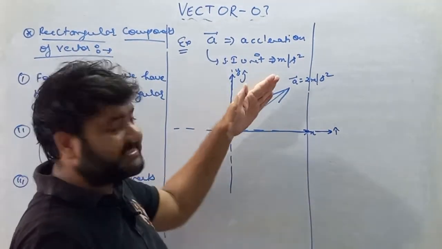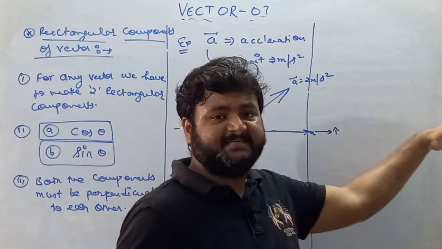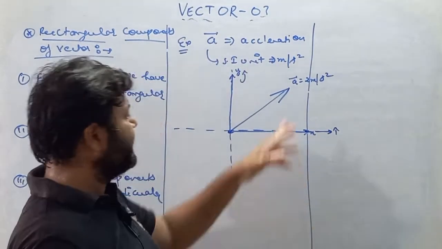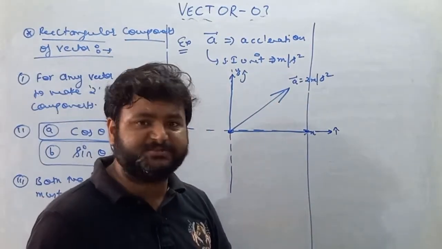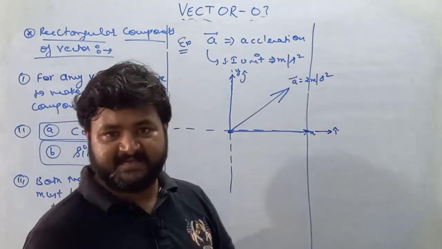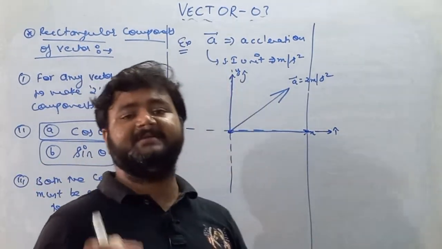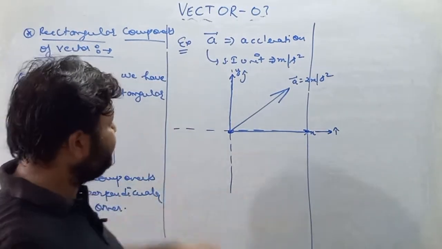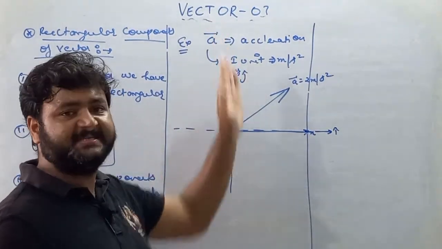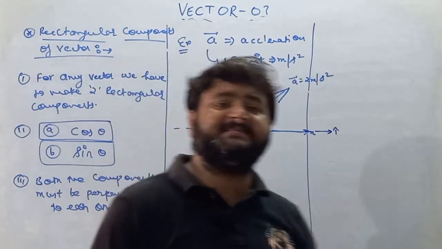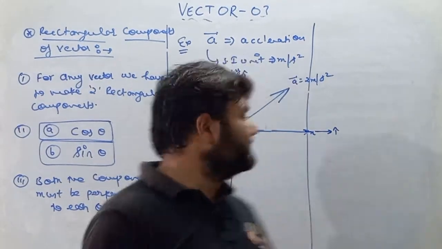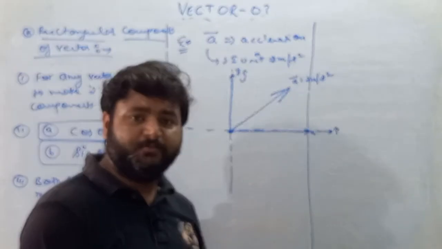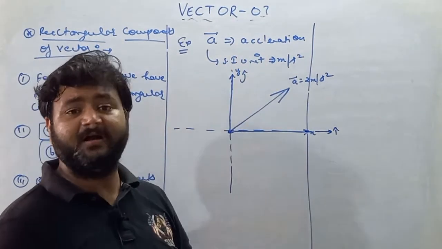If this acceleration lies along the x-axis, then simply we'll write that the magnitude of acceleration is 2 and its direction is along the x-axis, so it is 2 i cap. Similarly, if this acceleration lies along the y-axis, then again we'll write 2 j cap, because the magnitude is 2 and its direction is along j cap.